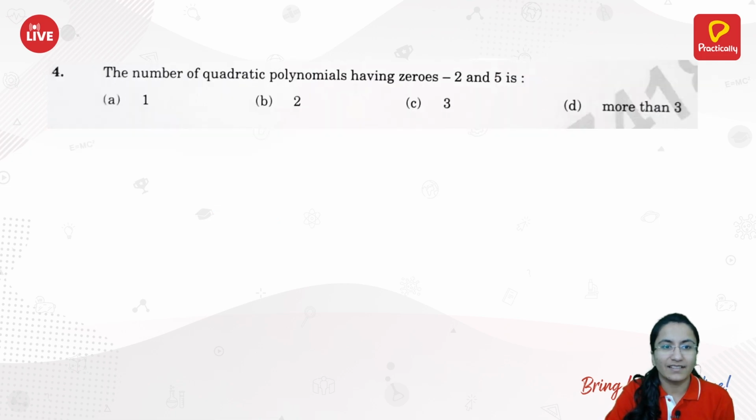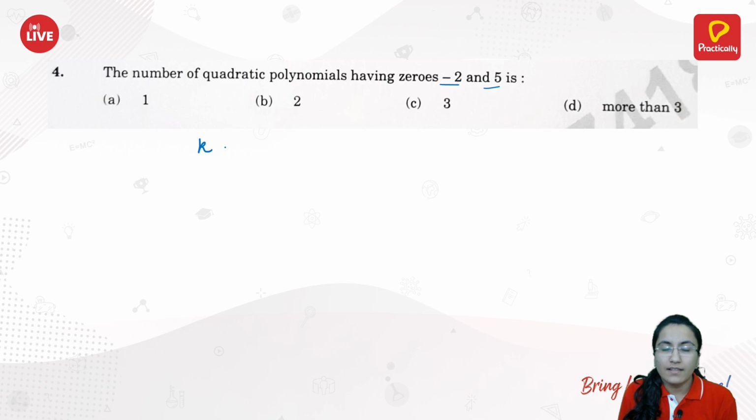Next question is: the number of quadratic polynomials having zeros as -2 and 5 is. You might have seen that there are many quadratic polynomials which have the same zeros, right? Even while solving, if we have two numbers which are zeros of a quadratic polynomial, how do we form the quadratic polynomial?